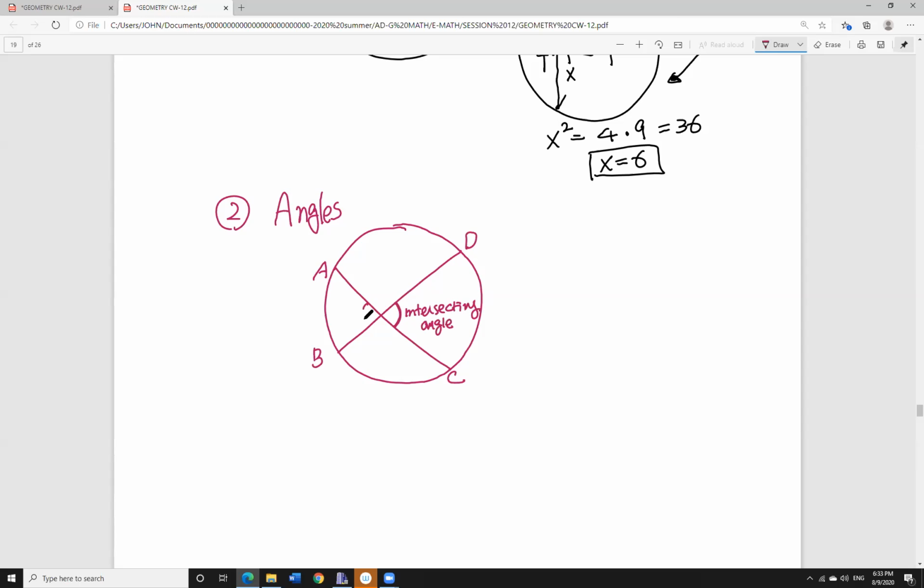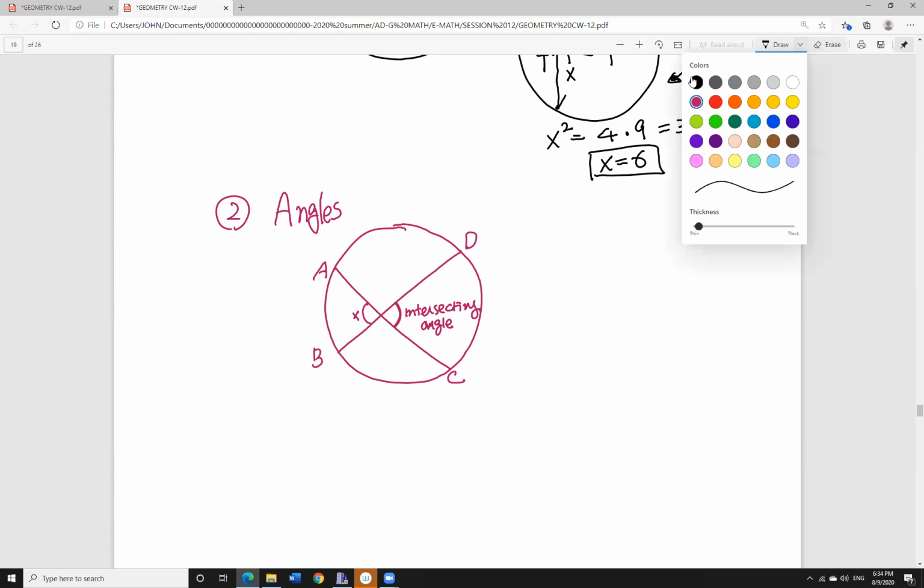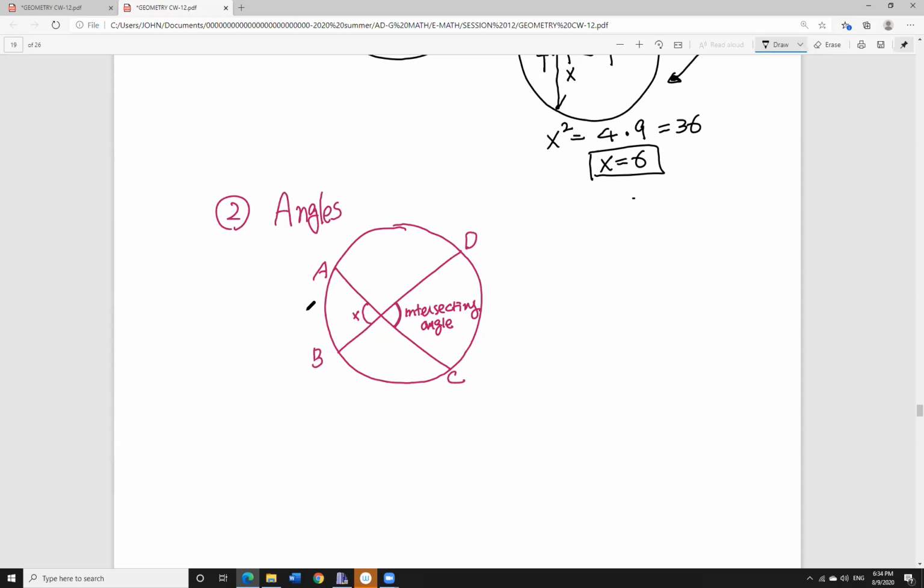This is also the same angle, right? X. Okay, that is the intersecting angle, right? How can you find the intersecting angle? We're going to use center angles, right? I'm going to use this one.